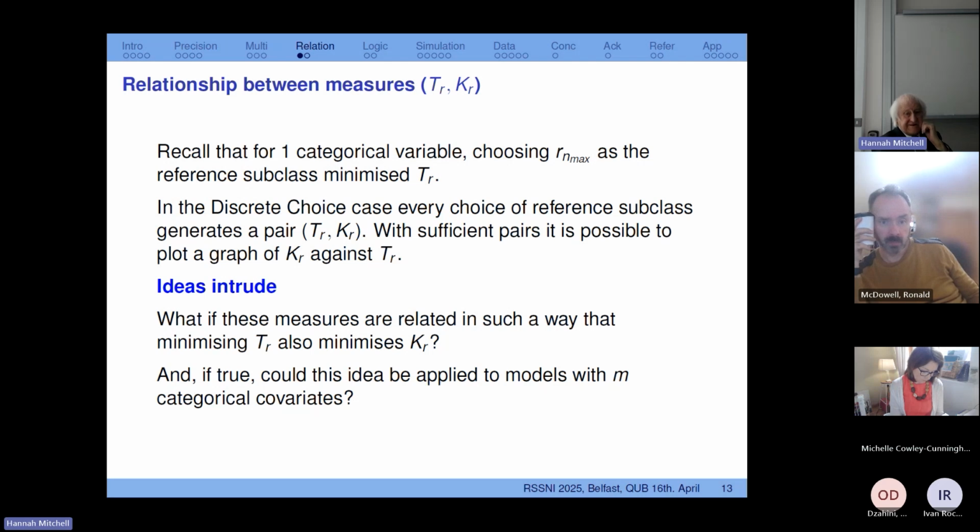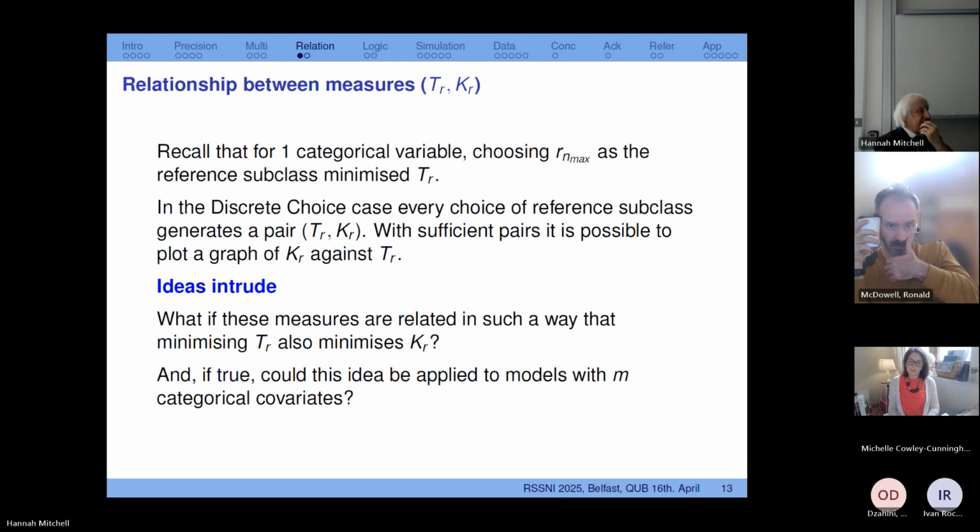So in the discrete choice case, the case we're dealing with, every choice of reference subclass generates a pair. If you pick a subclass, you can calculate the total variance. If you pick a subclass, you can calculate a pair, TR and KR. And with sufficient pairs, you could have a graph, okay?